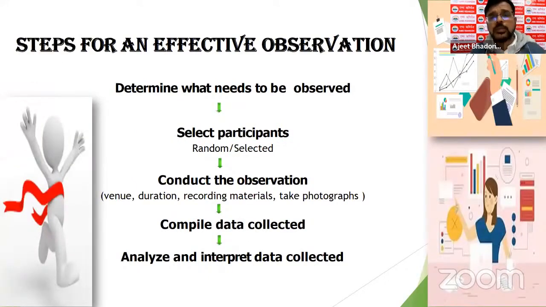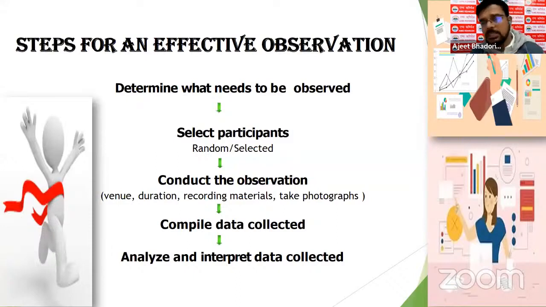So we determine what needs to be observed. We should know that we have planned in our protocol that this data is required, and this is what we have to observe. For these particular points, we have to collect information. Then we select participants. That means if I want only ANMs for observation, only ASHAs, or only particular disease patients included in the observation.